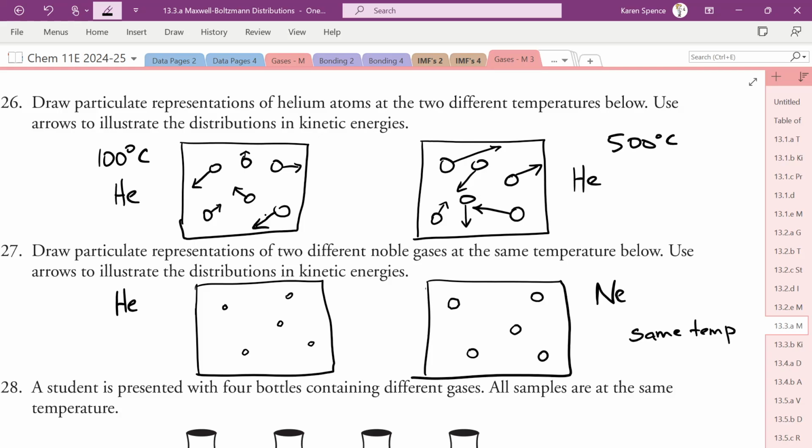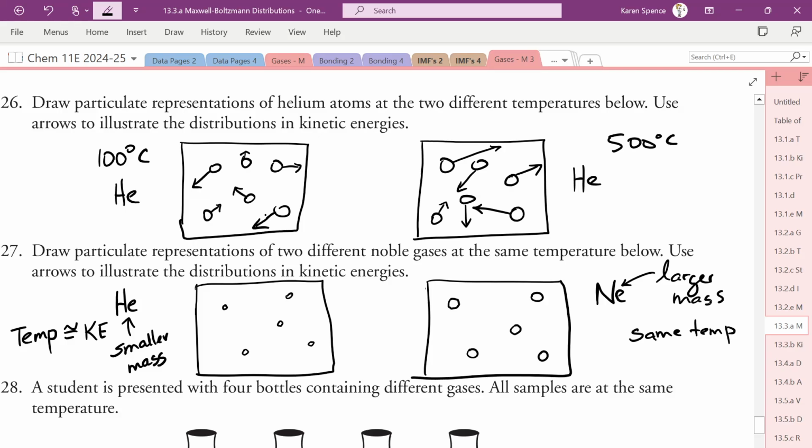What should our arrows be like? Pardon me? Shorter for neon. Do you guys agree? Yeah, because temperature is essentially the same as the kinetic energy. It measures the kinetic energy. So the kinetic energy is the same, but the helium mass is smaller and the neon has a larger mass.